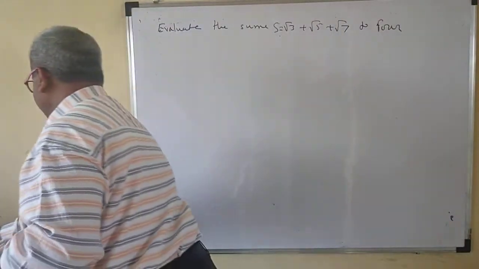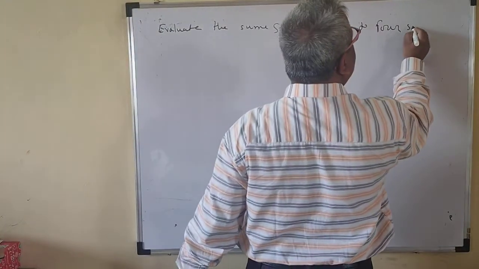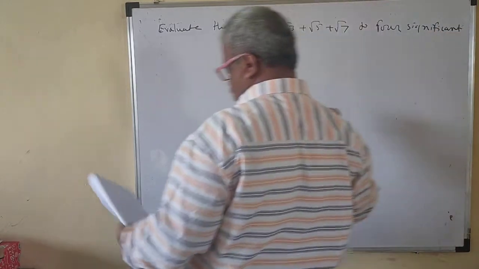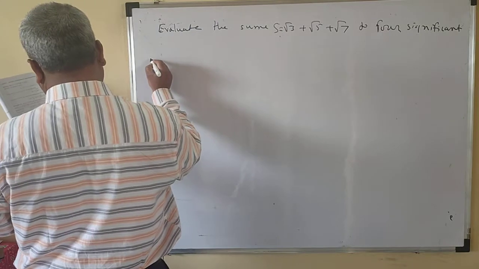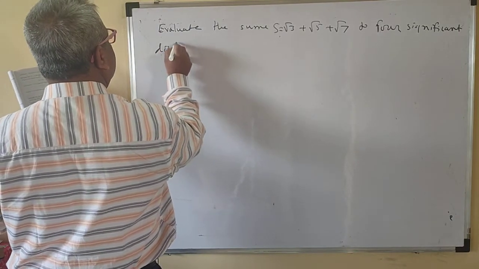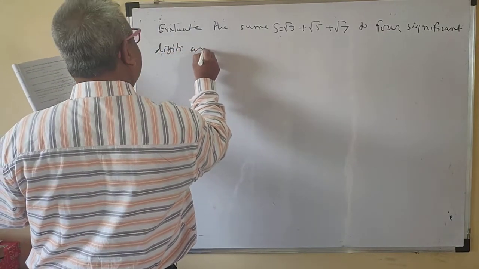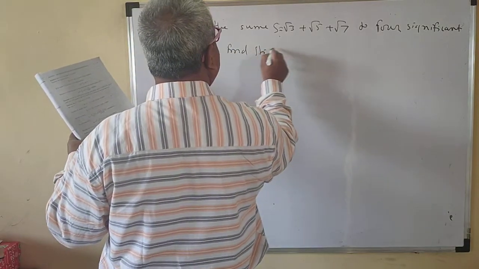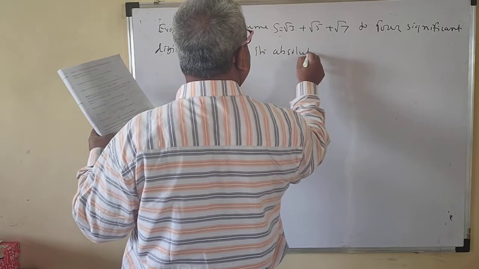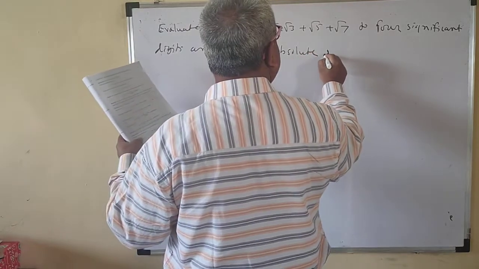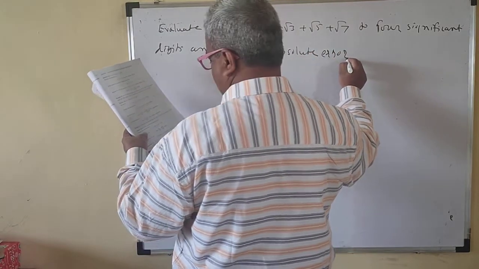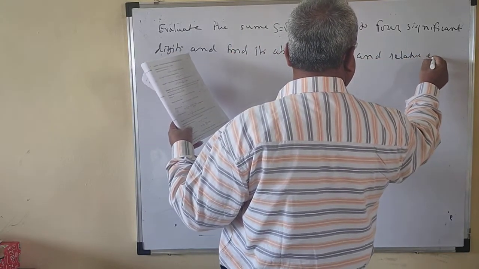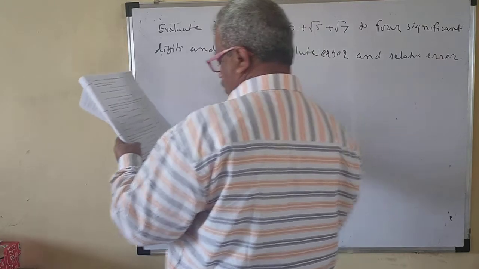This word, significant, is very important here. For 4 significant digits, and find its absolute error and relative error. Now this is the problem.